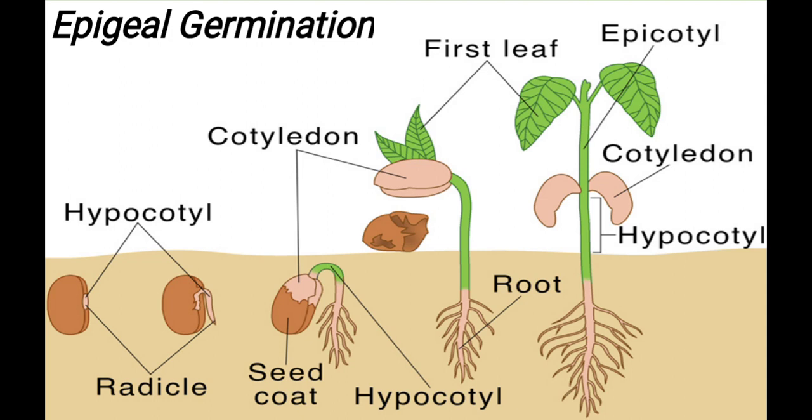It is generally found in dicot seeds like castor, cotton, bean, tamarind, gourd. In this case, the cotyledons usually become green and manufacture food for the growing seedling for 2 days. Then they dry up and fall down.